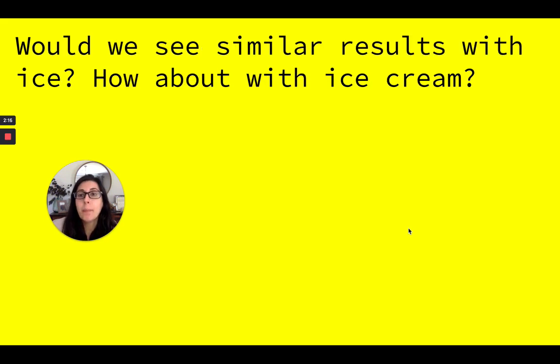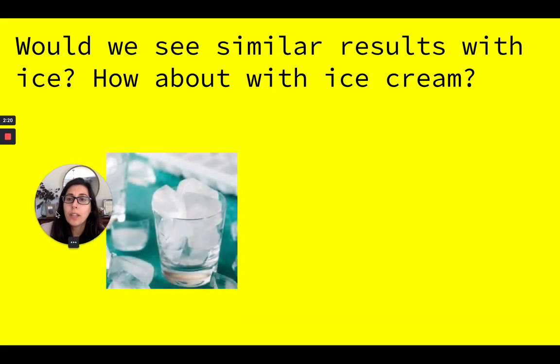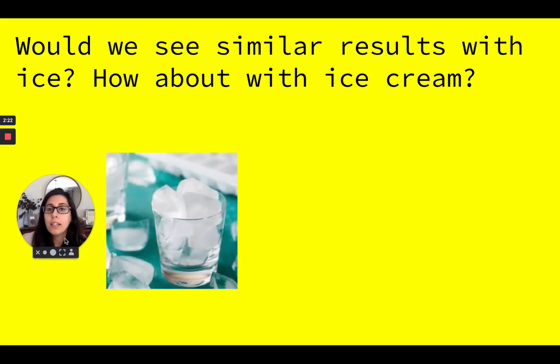Would we see similar results with ice? What do you think? If we added heat to ice, what would happen to it? Turn and tell somebody next to you. Yeah, it would melt. And then if we took away heat or made it really cold again, would it turn back to ice?